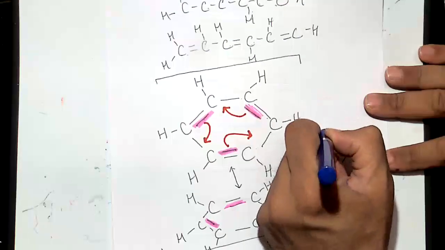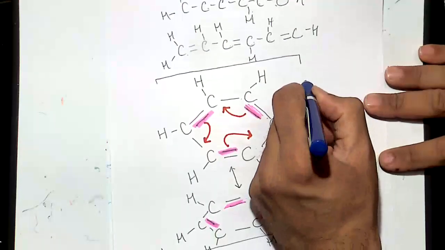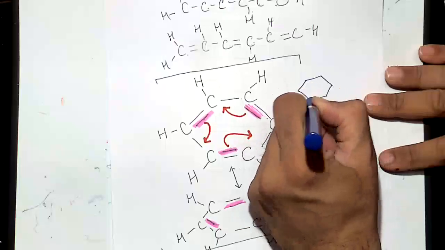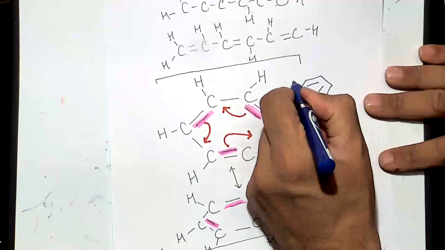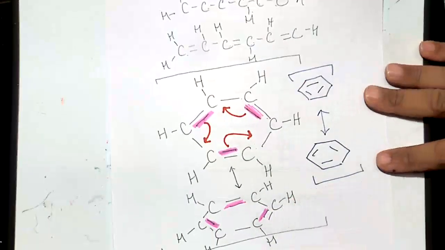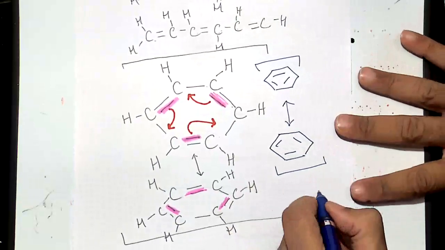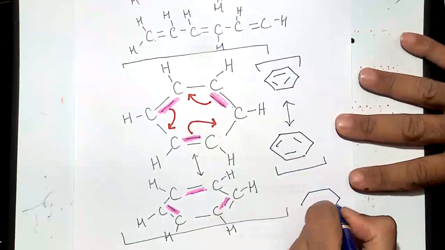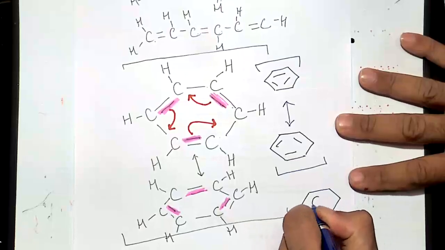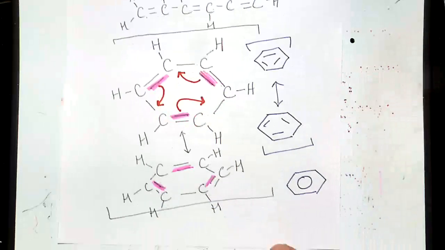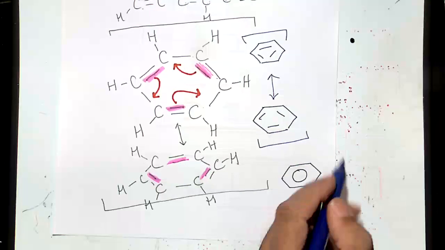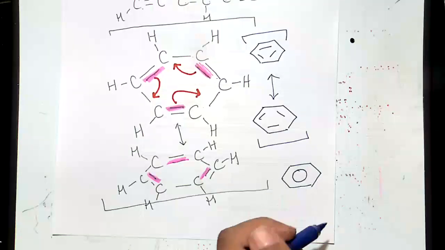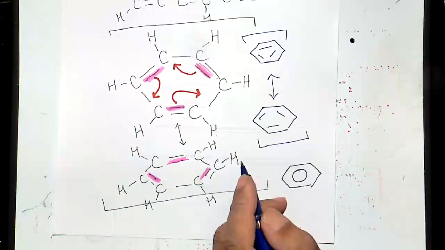But because of the resonance stabilization, they can draw benzene like this, a circle. That just means it's delocalized across all 6 carbon atoms.